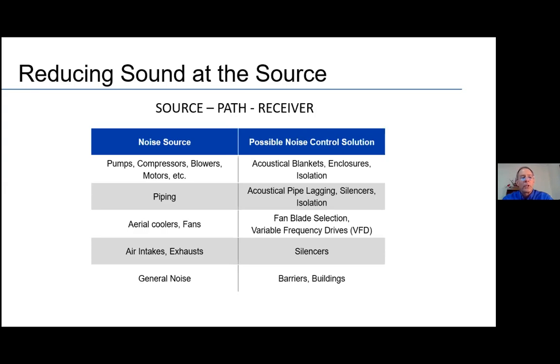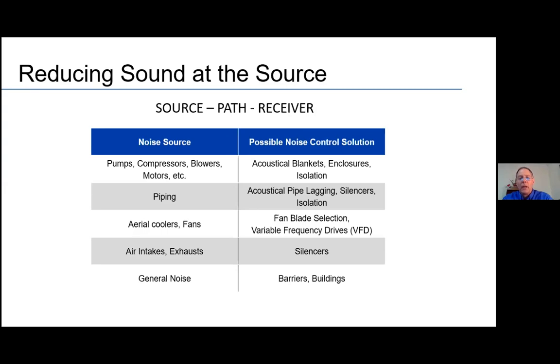But when you are looking at trying to reduce noise at the source, depending on the type of noise, which goes back to what we were reviewing a second ago relative to the frequency of different noise sources, each can lead to different types of possible solutions to try to control that noise.